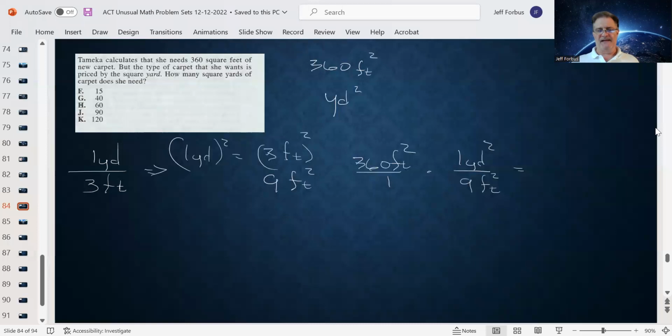Feet squared and feet squared cancel. 360 divided by 9 is going to be 40. And our units are yards squared. How many square yards of carpet does she need? 40 yards squared, which is answer choice G.